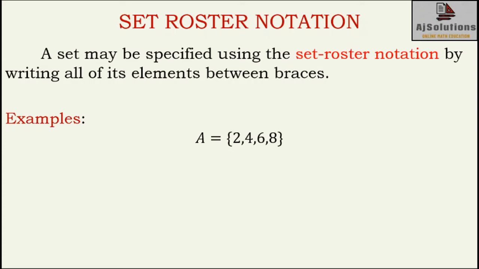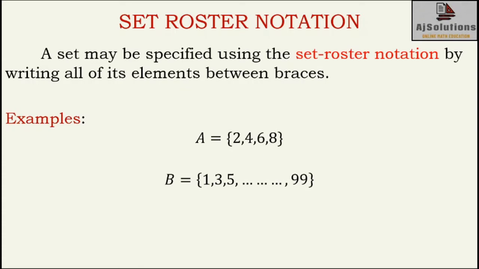For example, here I have a set B which is large enough, so I am not writing all the elements over here. I have written some of them so that there is some pattern followed by these elements. After writing some elements, that pattern has to be clear for whoever is reading.